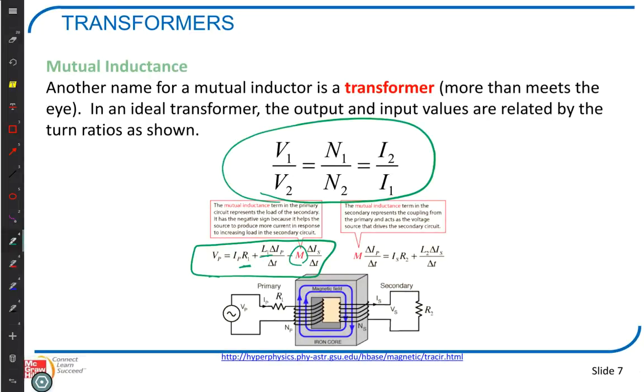The ideal transformer allows you to vary the number of loops in the primary side, the side you're putting power to, and the number of loops in the secondary side, the side you're taking power off of. And by so doing, the ratio of those numbers of loops gives you a ratio in the voltage output.